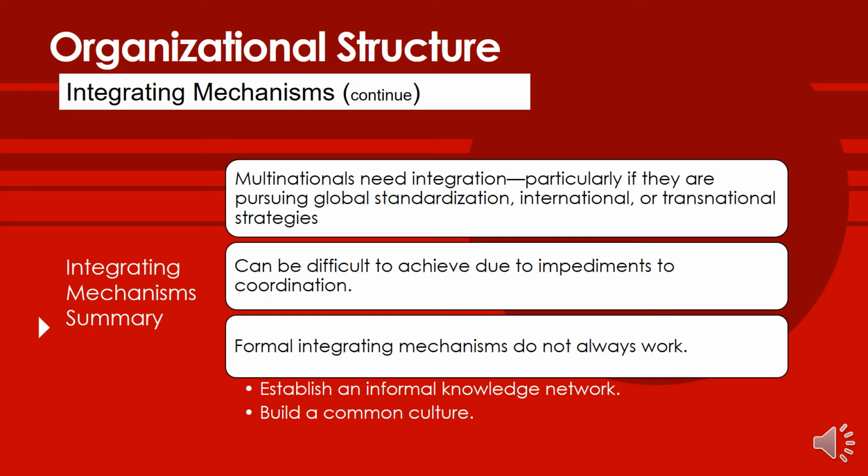Some organizations prefer integrating mechanisms, some do not, because it can be difficult to achieve due to the impediments to coordination. Maybe integrating can help them diminish the gap and make it easy to achieve the organization goal. Formal integrating mechanisms do not always work, so organizations go for informal integrating mechanisms. This also helps to establish an informal knowledge network and build a common culture.